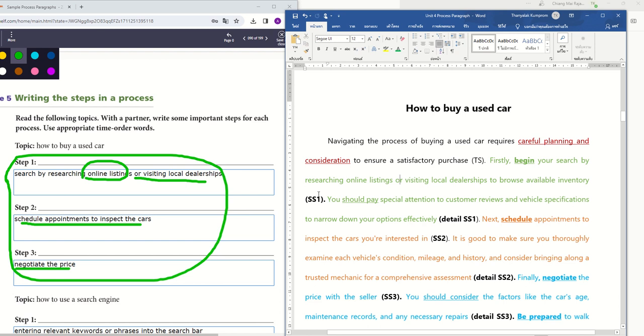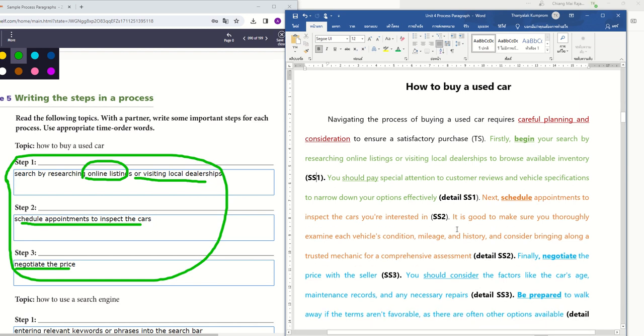SS1 refers to what? SS1 is supporting sentence 1, step 1. Next, step 2. Schedule an appointment to inspect the car you are interested in. This is an idea from step 2 on the left, and on the right I made it into a complete sentence.